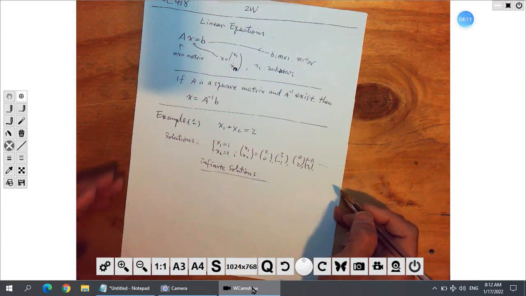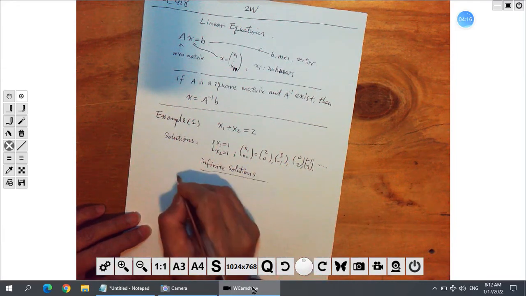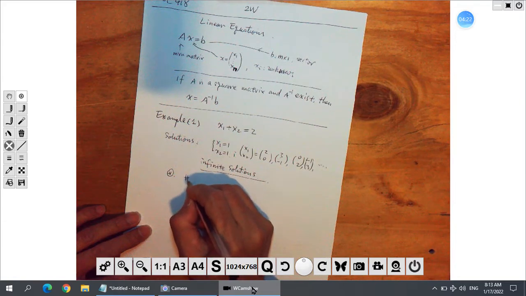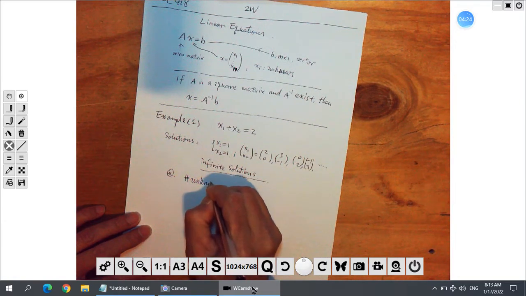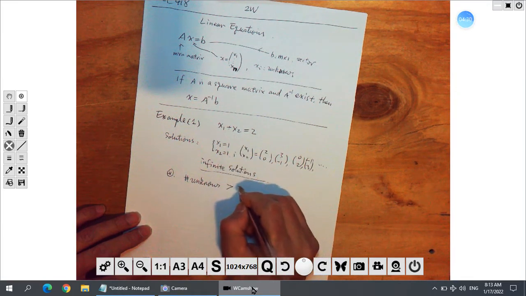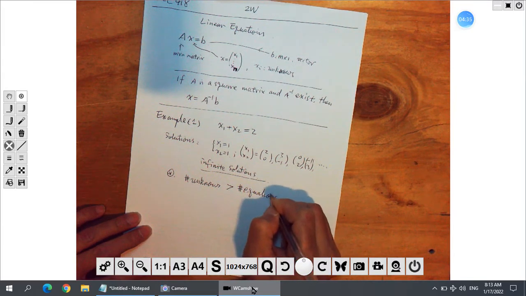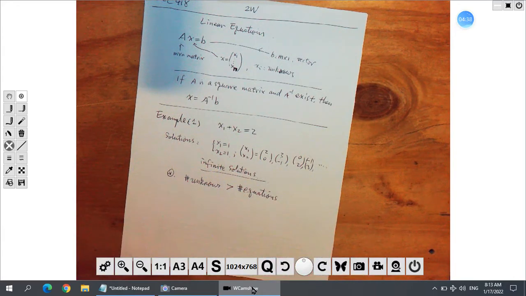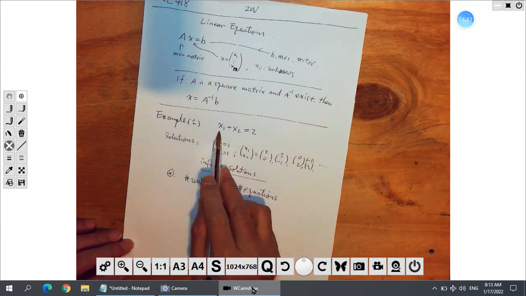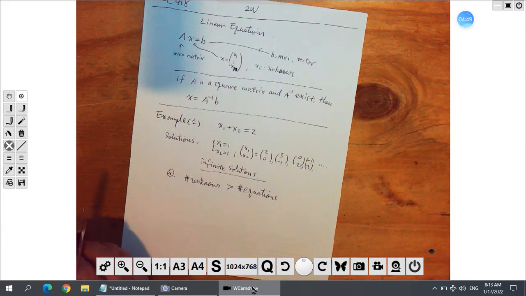Why do we have infinite solutions? The reason is that the number of unknowns is larger than the number of equations. I have two unknowns, but only one equation. Every equation gives you a restriction. If you have two unknowns, you need two restrictions to determine them.